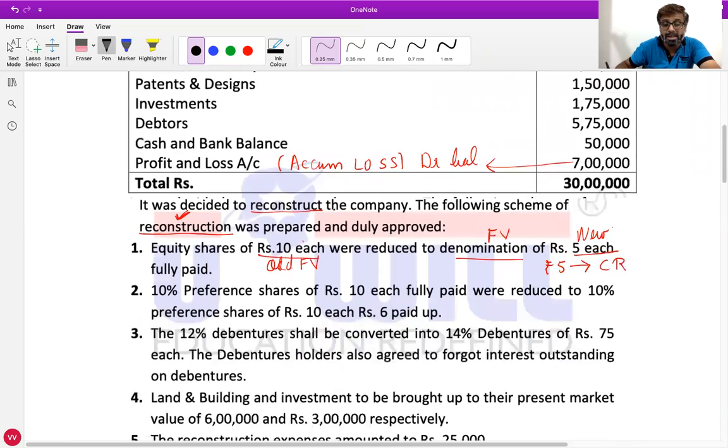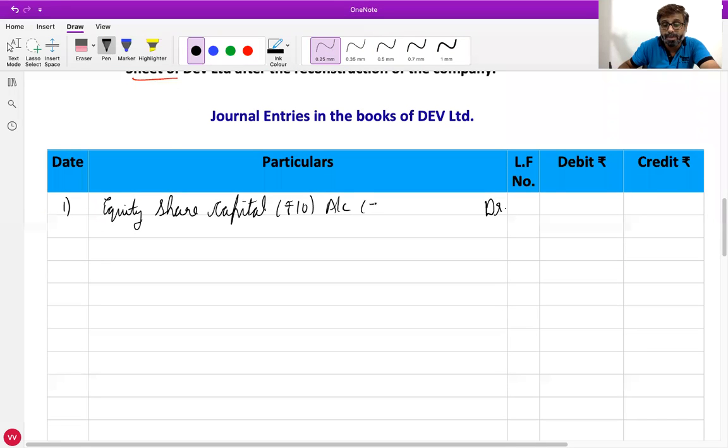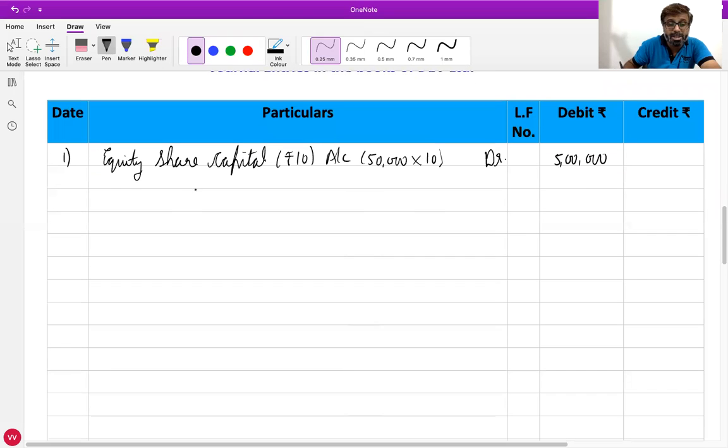Correct. 50,000 into old face value 10, so 5 lakhs. Further, to equity share capital in bracket new face value, that is rupees 5 account. What amount?